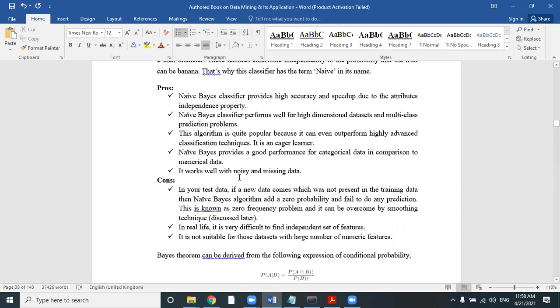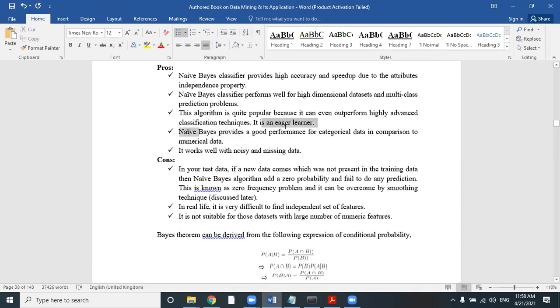Naive Bayes provides good performance for categorical data in comparison to numerical data. Can anyone tell me, I discussed this, who remembers? What is categorical data? Numerical data, I think all of you know, has values that are numeric in nature. What is categorical data? Sir, data which has categories like male, female.